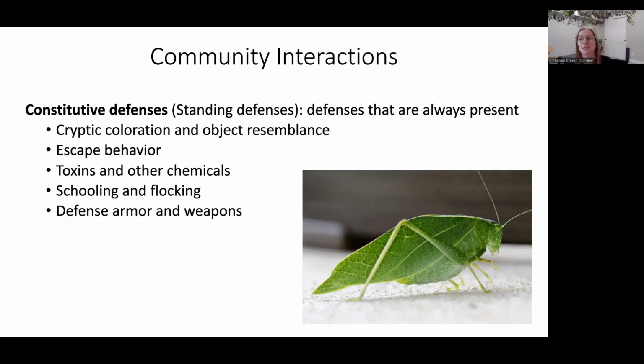So a plant can be toxic, leaching into the soil to deter other plants, or its body can be toxic like milkweed to try and get organisms to not eat it. In general, if you're out and you are curious if a plant is edible and you break it and it has milky sap, it's toxic. Don't eat the milky sap. Another option is schooling or flocking. A group of fish that school together makes it harder to choose an individual and harder to pick off one of the population.